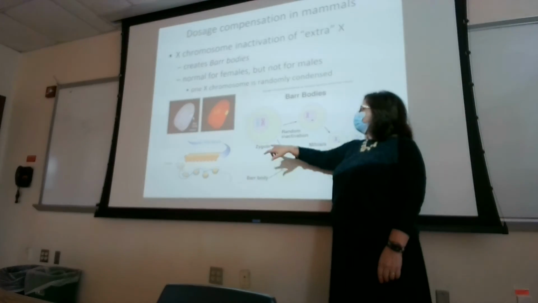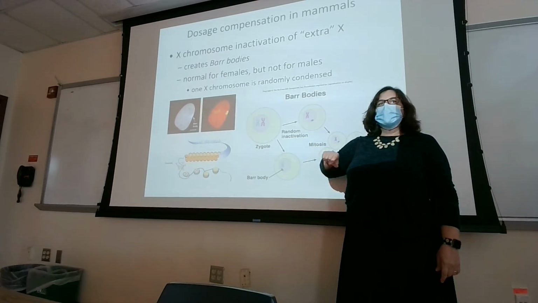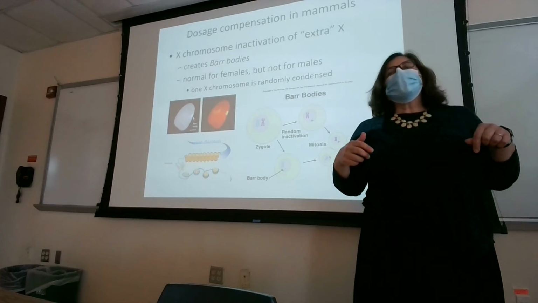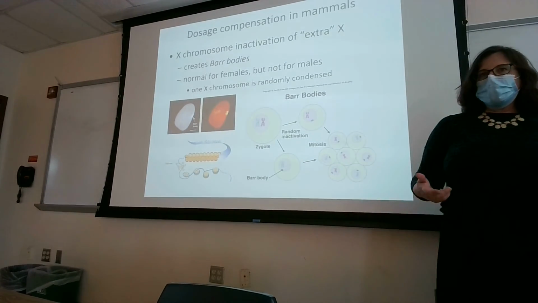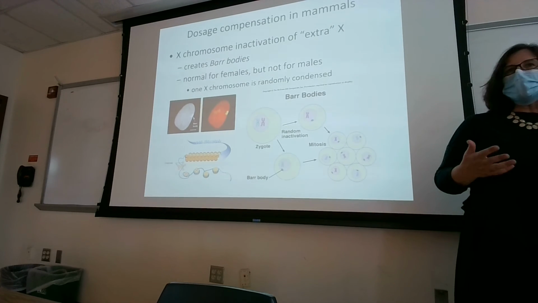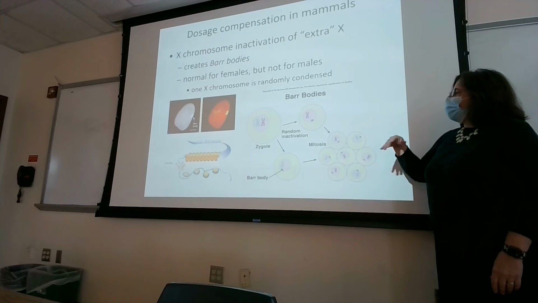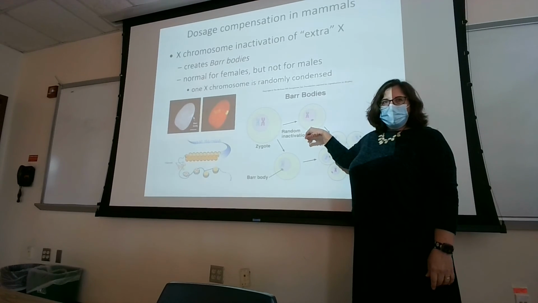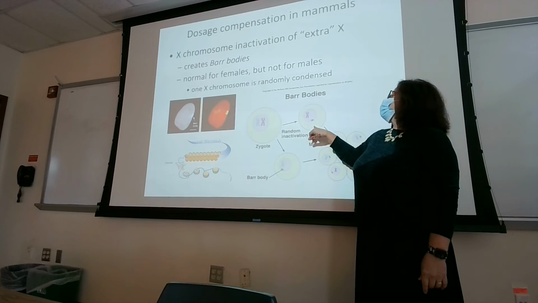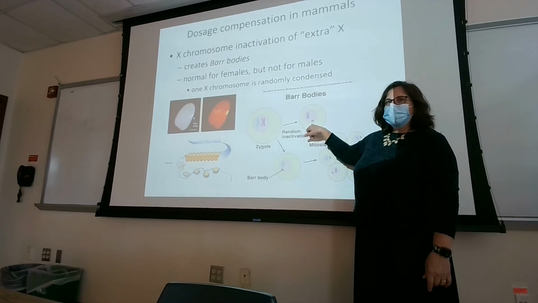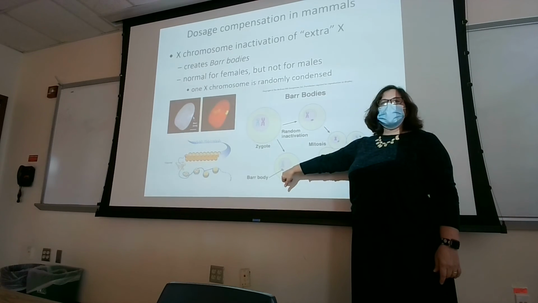So how that happens is we have our original zygote that receives 1 X from dad, 1 X from mom. Early in embryogenesis, say maybe after 4 or 6 divisions, very early on, one of these X chromosomes is randomly inactivated in each of the cells. So here's a cell that inactivated the blue chromosome. Here's a cell that inactivated the purple chromosome.